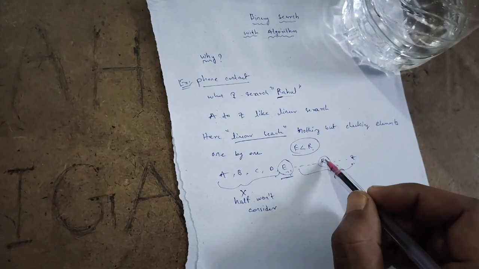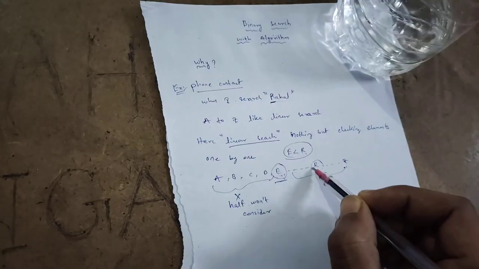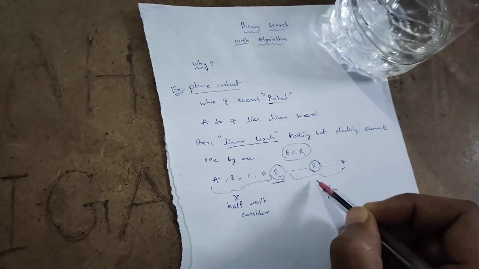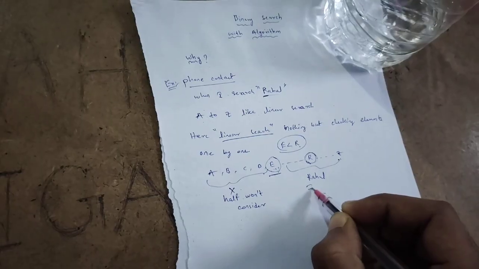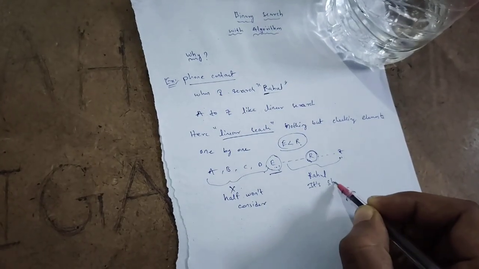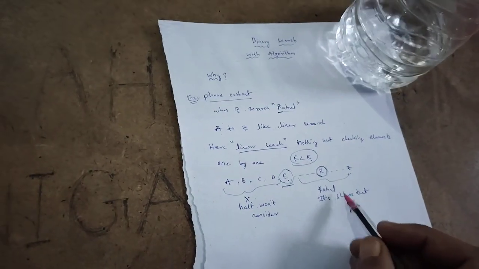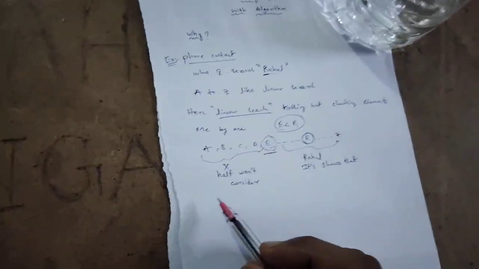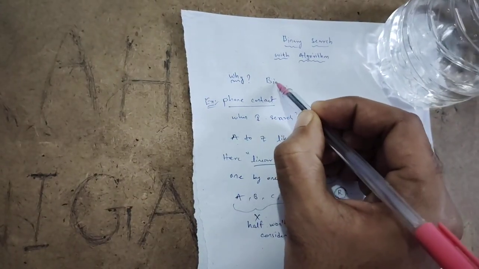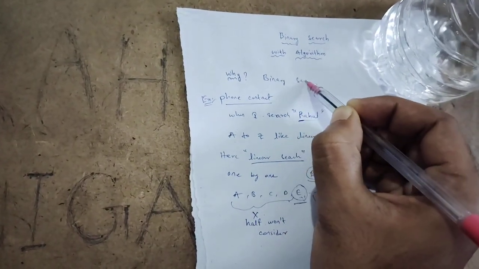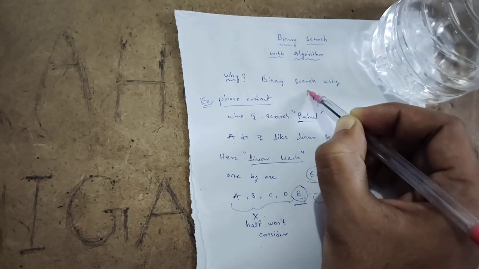When we find the mid, if it is luckily R, then R is our result. So it shows Rahul. Okay, we know why binary search is used in the tech field.